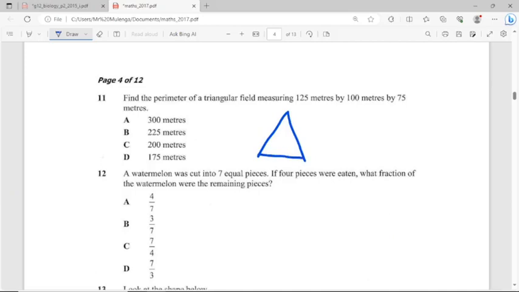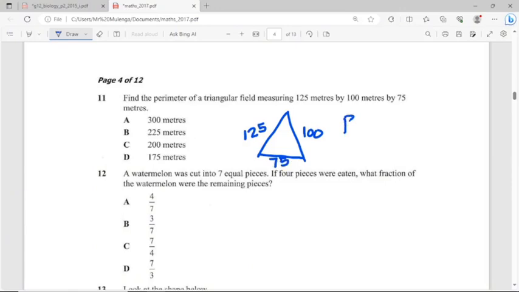So they are saying this triangular field is measuring 125 meters by 100 meters, then also by 75. On the length side, here you have 125, it's also measuring by 100, then it's also measuring by 75.